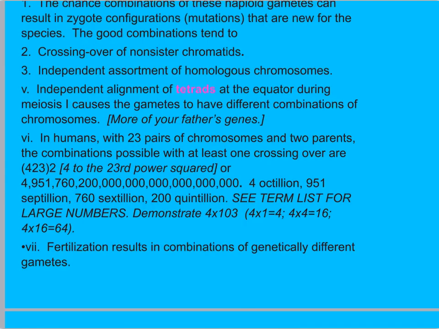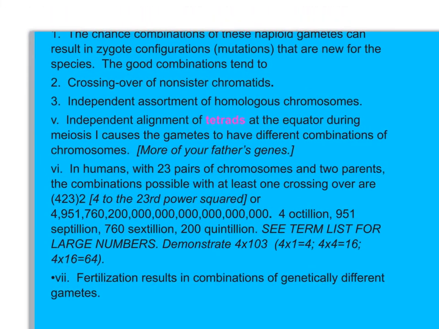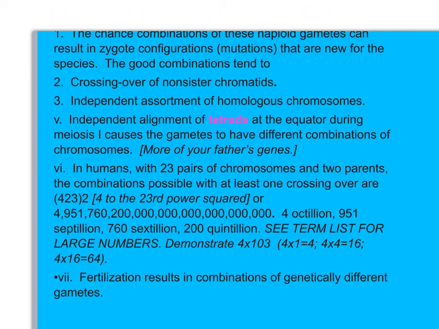There are 3 reasons that make you genetically different. The first reason is the chance or random combinations of haploid sex cells can give you all these different zygote configurations, or even mutations possibly that are going to be new for the species.